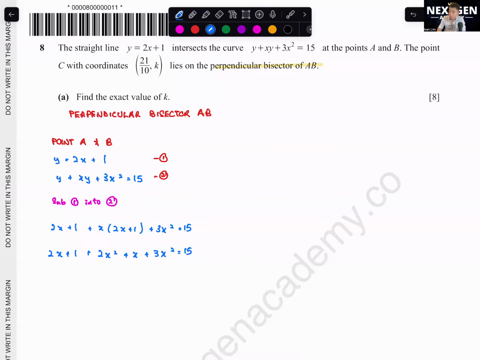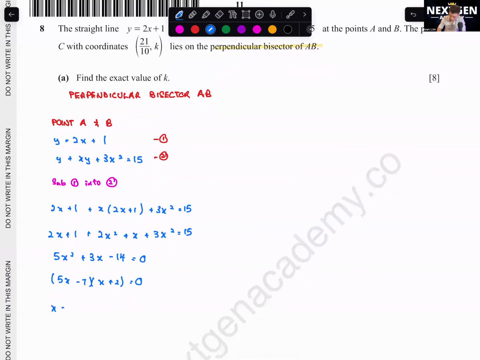Open up the bracket: 2x plus 1 plus 2x squared plus x plus 3x squared equals 15. We arrange it into a quadratic equation. We'll get 5x squared plus 3x minus 14 equals 0. Factorize this, we'll get (5x minus 7)(x plus 2) equals 0. And here we'll get x equals 7 over 5, x equals minus 2.